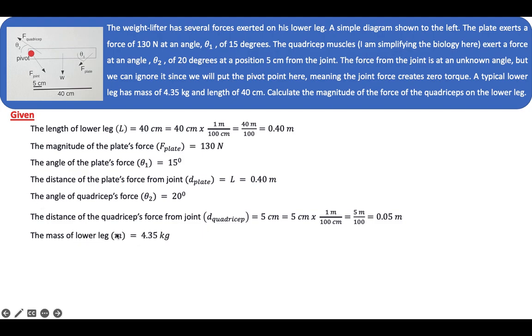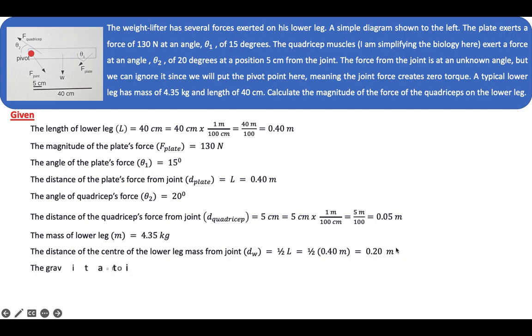The mass of the lower leg M equals 4.35 kilograms. The distance of the center of lower leg mass from the joint d_w equals half of the length of the lower leg, which is 0.20 meters. And the gravitational acceleration g equals 9.8 meters per second squared.